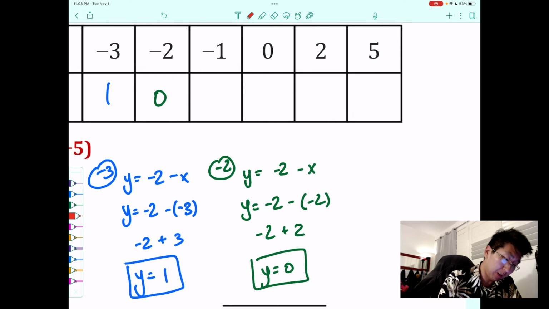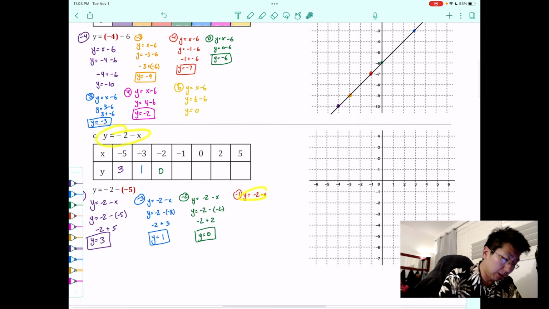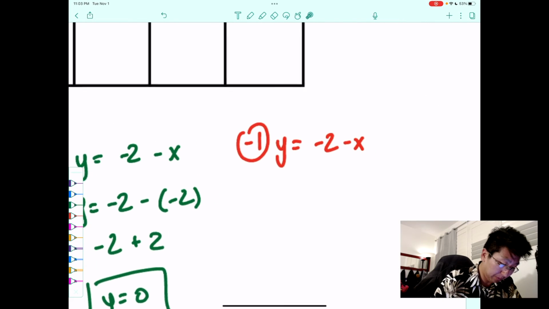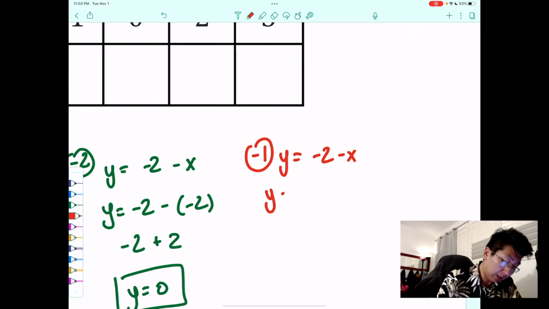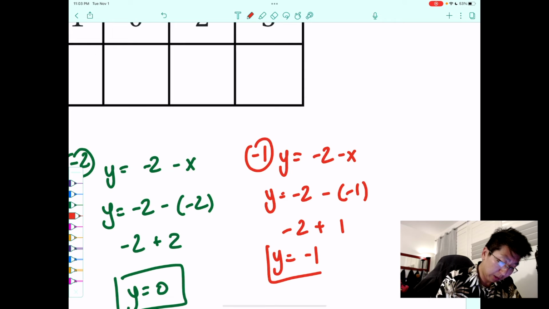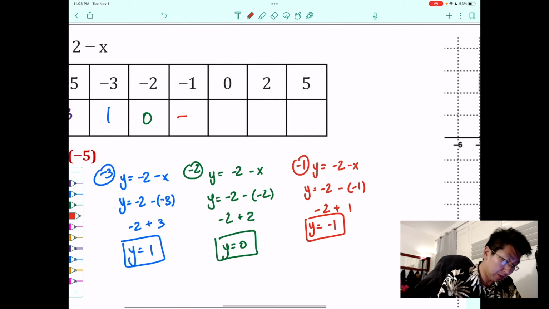Just keep going. For -1, y equals -2 minus x. If you're confused on where I get this, it is literally the equation. Y equals -2 minus -1, which is -2 plus 1. Y equals -1. 0. Y equals -2 minus 0.